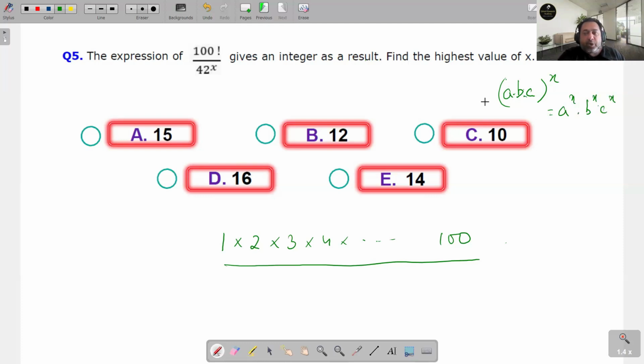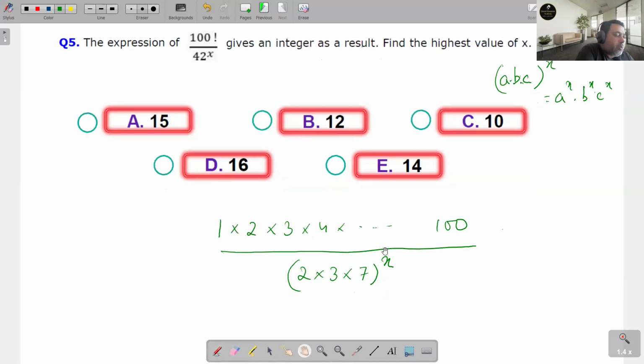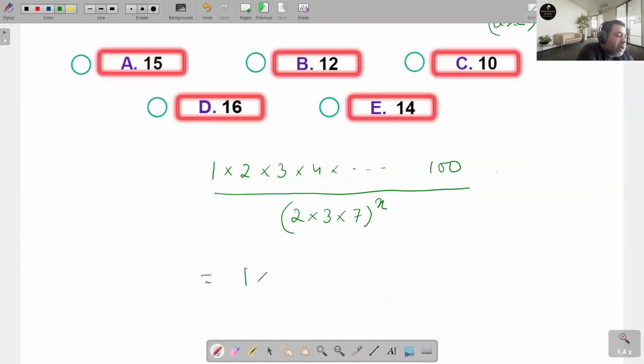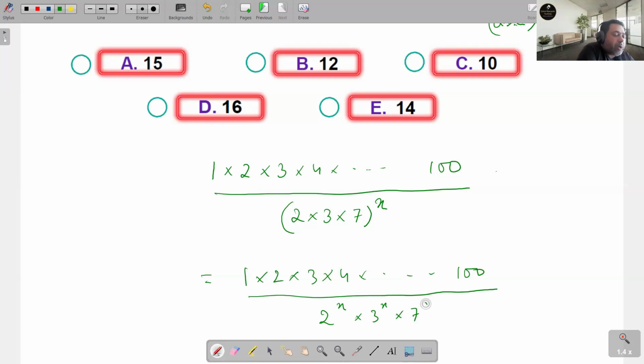So the exponent distributes itself among the factors of that number, the product chain of that number. So 42 is 6 times 7, that's 2 into 3 into 7 raised to the power x. So this is equal to 1 times 2 times 3 times 4 all the way up to 100, divided by 2 raised to the power x into 3 raised to the power x into 7 raised to the power x.